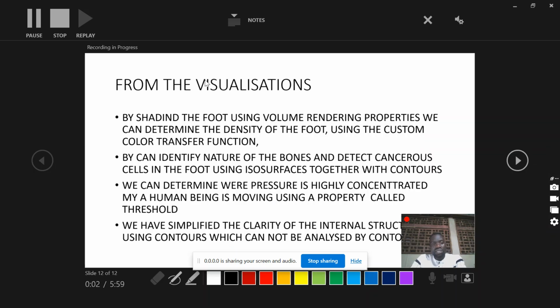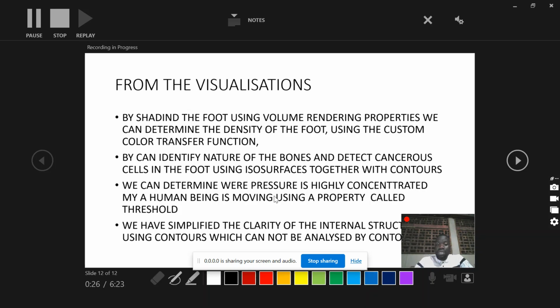So from the visualization, we have applied the shadings of the foot using the volume rendering property. We can determine the density of the foot using the color transfer function. We can identify the nature of the bone, the type of the bone, and we can detect cancerous cells in the foot using isosurfaces together with contours.